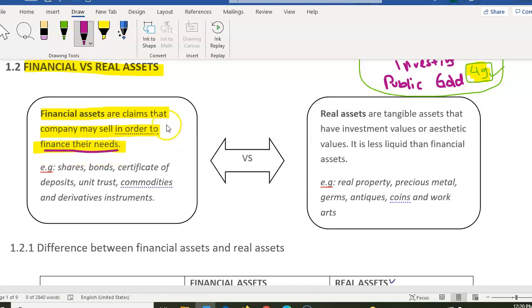If they are funding a new project or the development of new businesses, they can issue financial assets. So what are these financial assets? It normally refers to shares or stocks, bonds, certificates of deposit, unit trusts, commodities, and also derivative instruments.